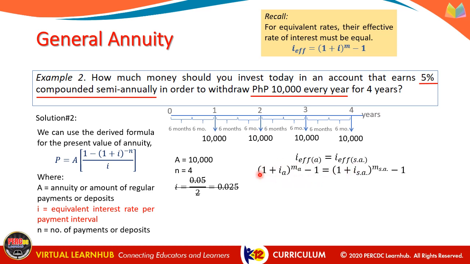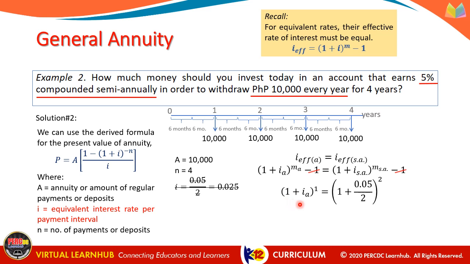On the left side of the equation, we have 1 plus interest rate for annual compounding raised to m for annual compounding minus 1 equals 1 plus interest rate for semi-annual compounding raised to m for semi-annual compounding minus 1. We can cancel minus 1 on the left side and minus 1 on the right side.